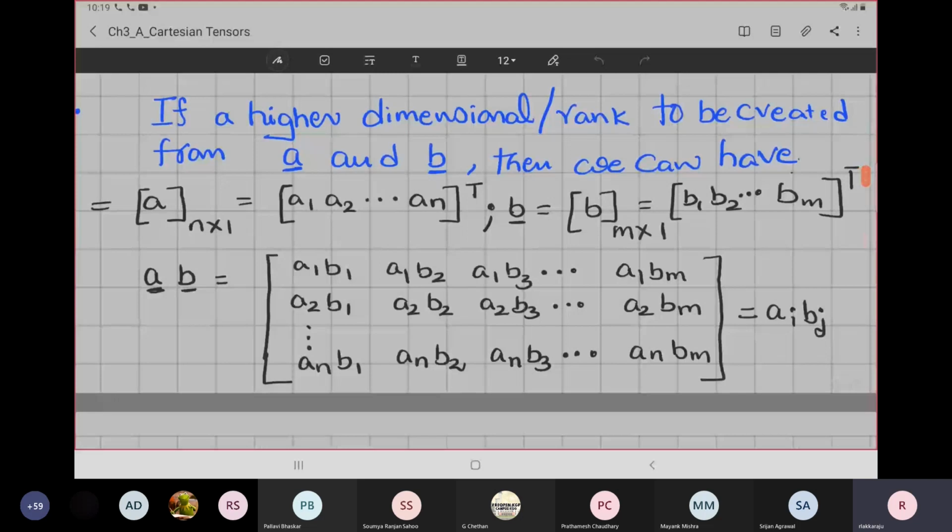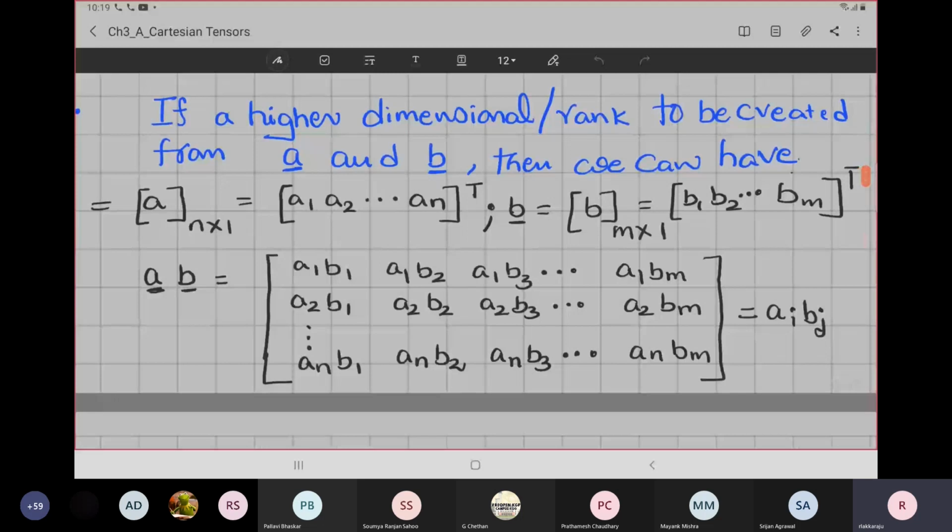Because there is no repetition of indices I or J, what we have to do is just fix I is equal to 1, and change B1, B2, B3. So A1 B1, A1 B2, A1 B3, and so on, A1 Bm. Now the J index is over. Now the I index comes into the picture.